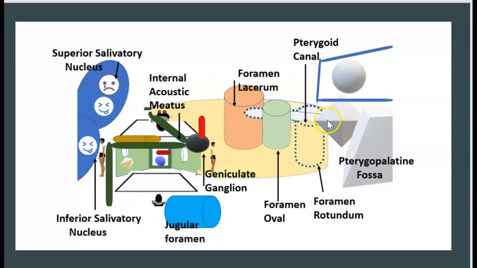It ends in the pterygopalatine fossa. There is a connection between the foramen lacerum and pterygopalatine fossa through the pterygoid canal. I repeat these landmarks: superior salivatory nucleus, internal acoustic meatus and geniculate ganglion, foramen lacerum, pterygopalatine fossa, and a canal between them, the pterygoid canal.